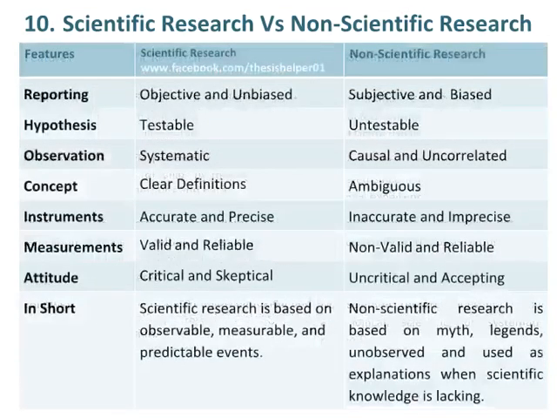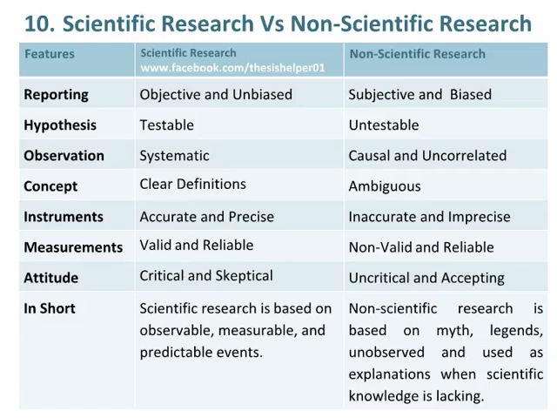Reporting in scientific research is objective and unbiased, whereas reporting in non-scientific research is subjective and biased. Hypothesis in scientific research is testable, whereas hypothesis in non-scientific research is untestable. Observation in scientific research is systematic, whereas observation in non-scientific research is casual and uncorrelated.